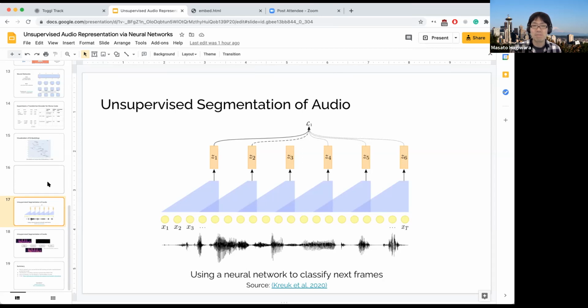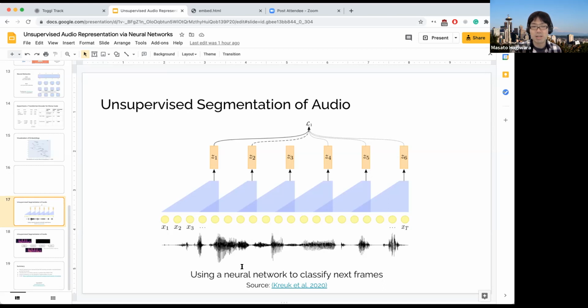We don't even know if animals have anything similar to words. But you can actually take a similar approach and apply this to the raw unsegmented audio.